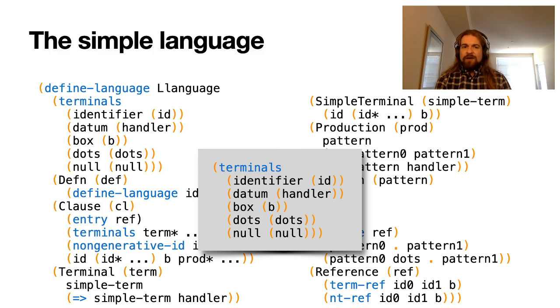We also have what I call datum in here. Datum is really just, it could be any Scheme kind of thing, any data type that can be represented in Scheme. Oftentimes, I think this is going to be some syntax for something like a function or a reference to a function.